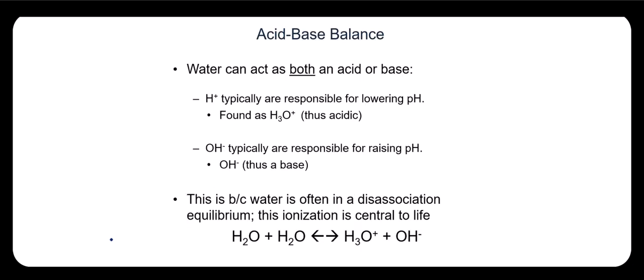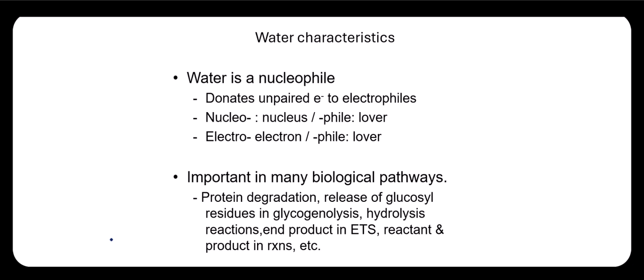Water can act as both an acid and a base. That gives it some kind of interesting properties. So we're going to do a whole section on acids and bases just to make sure you're on solid grounding with that. So we'll talk about it more than how it dissociates and into what.